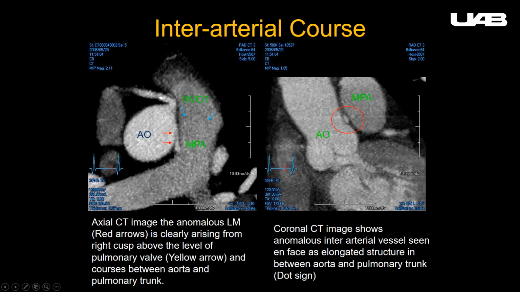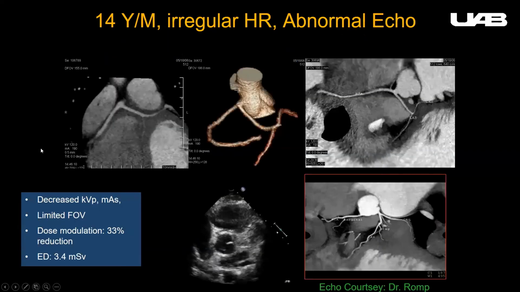That's why this course, known as interarterial, is a malignant course which needs to be treated. In this case, a left main arising from the right side cusp was going in between the vessels. Now, the differentiation between interarterial and intraseptal can sometimes be tricky.